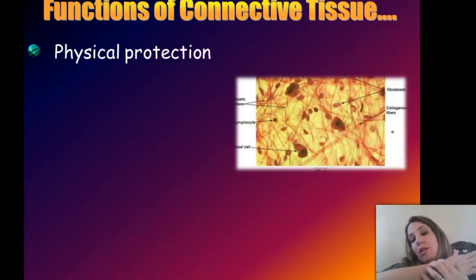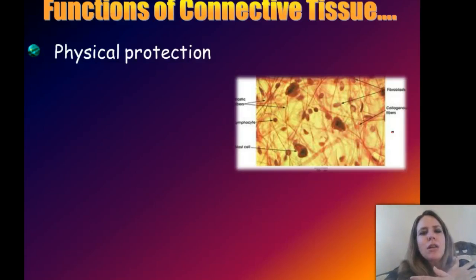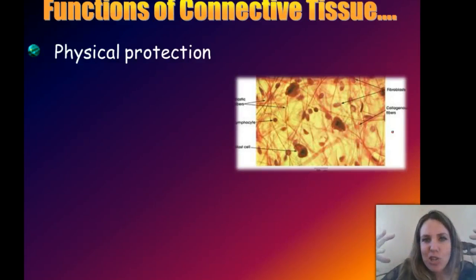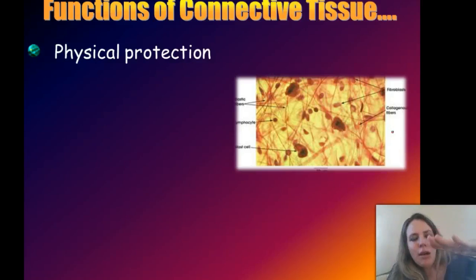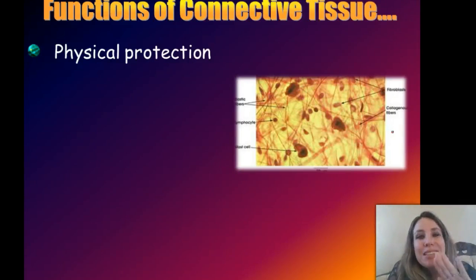Now, whereas the epithelial layer, for example, on your skin is protecting you from the outside, your connective tissue is really providing internal protection. When you're bending over, you don't want your liver smashing into another organ like your intestine, right? You need some kind of stuffing in the middle to protect you from the friction that would be generated and the trauma, the impact.